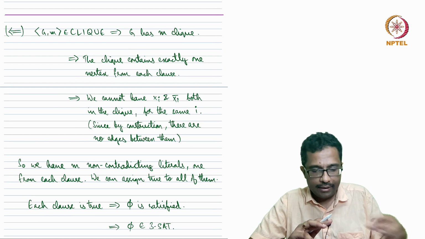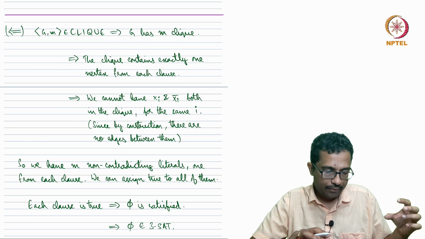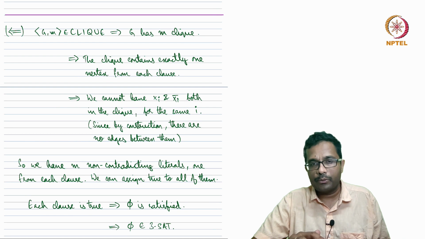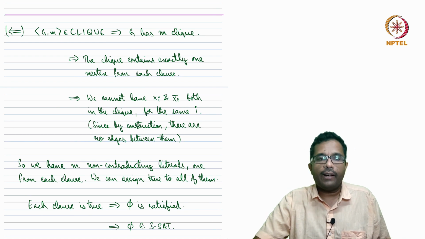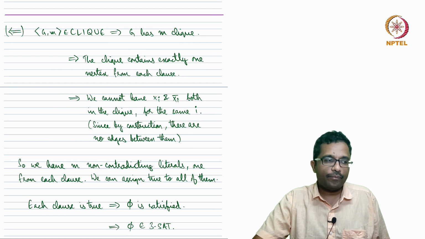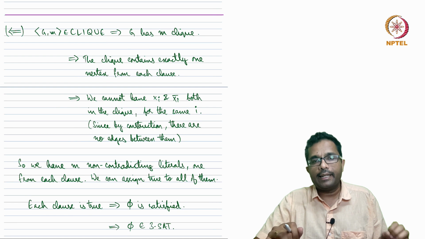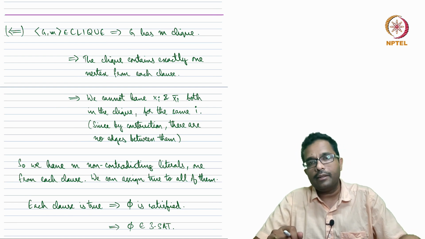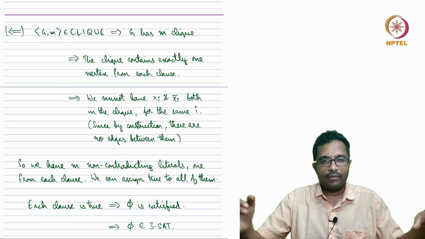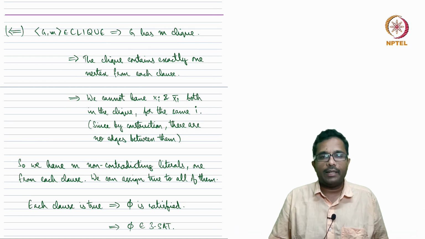So we make all these selected literals true, and this will be completely fine because we do not have conflicting literals. If xi was set to true, xi complement will never have been set to true, because these two cannot be part of the same clique.